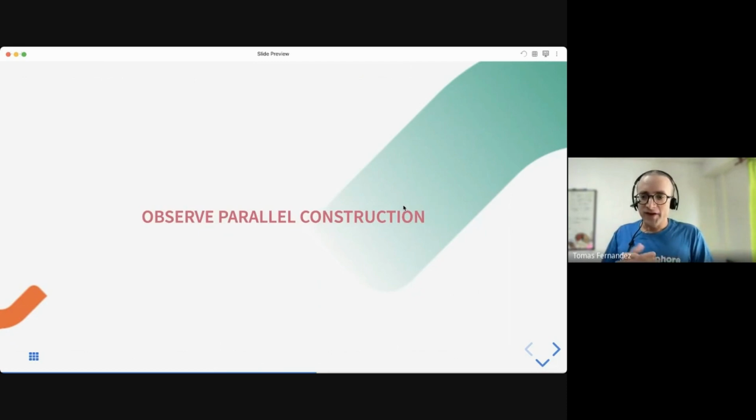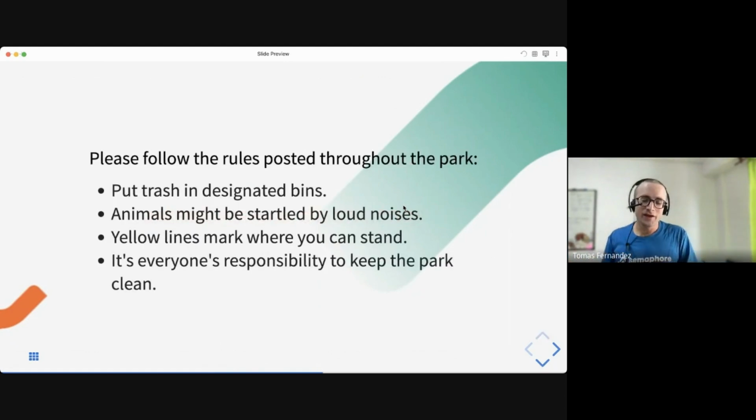The other tip for this is more related to grammar, but the leading sentence should make sense with the elements in the list. Here's an example where this is not happening. We are telling people to obey some rules, but only the first element is a rule. The others are warnings or statements.